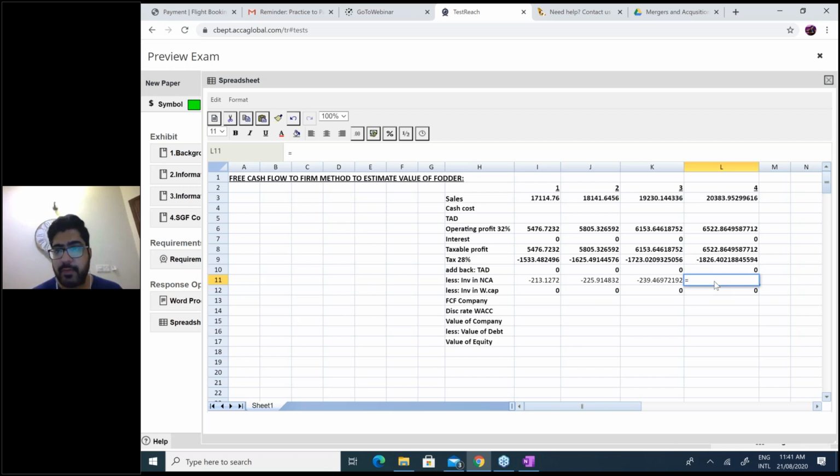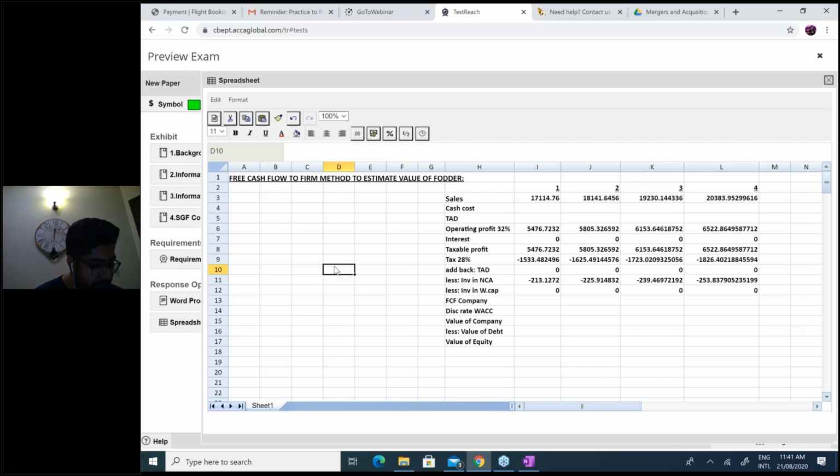And here the increase in revenue is L3 minus K3, into 22 cents. So additional investment in non-current assets of 0.22 per dollar of increase in revenue. It just took the difference to get increase in revenue and applied 22 cents.